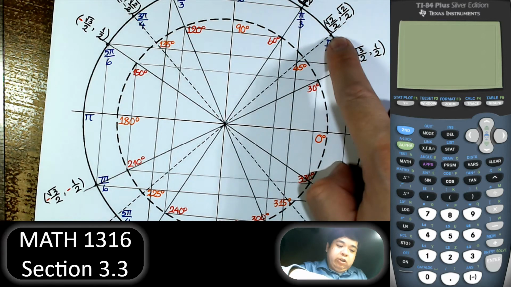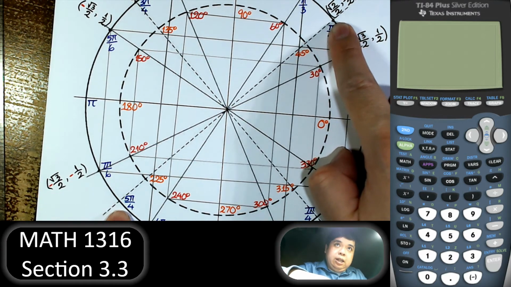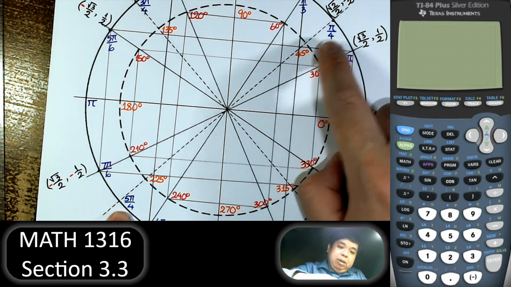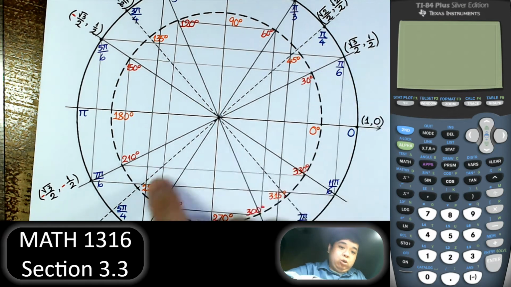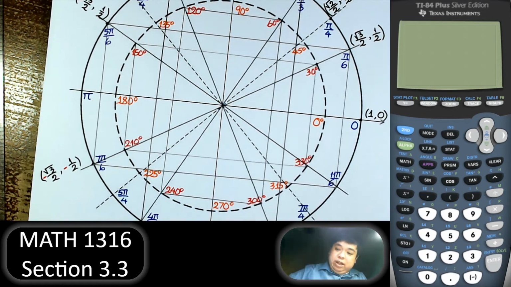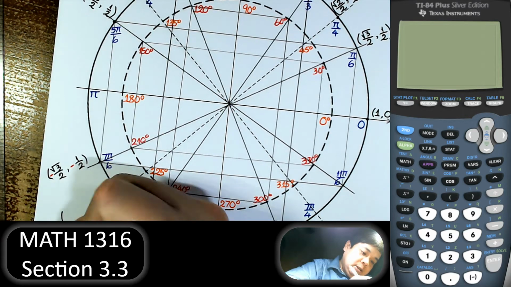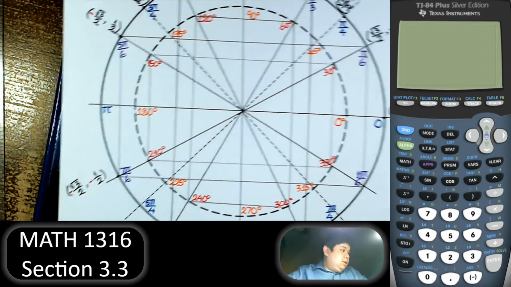And square root of 2 over 2 is square root of 2 over 2. I mean, both of them divide by 4 here, right? So the reference angle will be the same, and the values will be the same, except both of them will be negative. Right, yes.